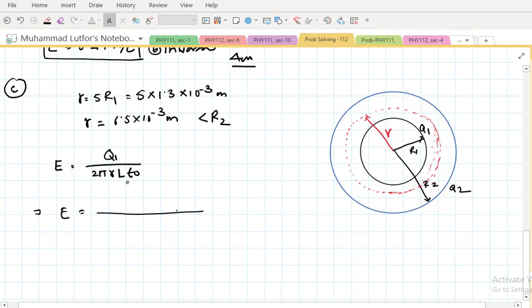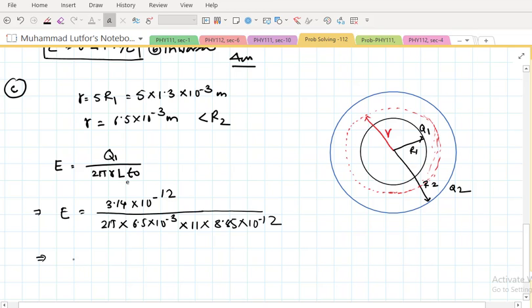So that Q1 is going to be 3.14 into 10 to the minus 12 into twice pi into R, which is 6.5 millimeter, so 6.5 into 10 to the minus 3, into L, which is 11, into epsilon naught, which would be 8.85 into 10 to the minus 12.